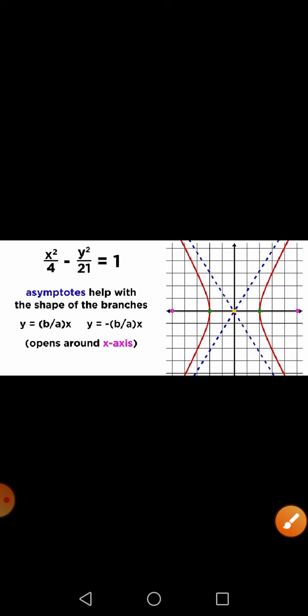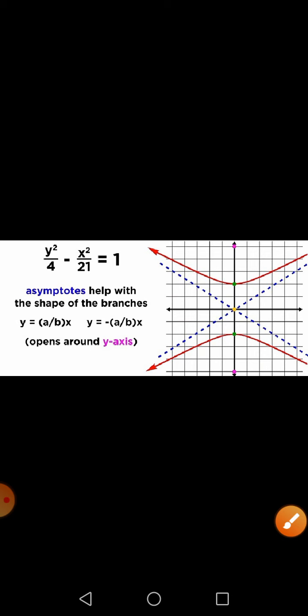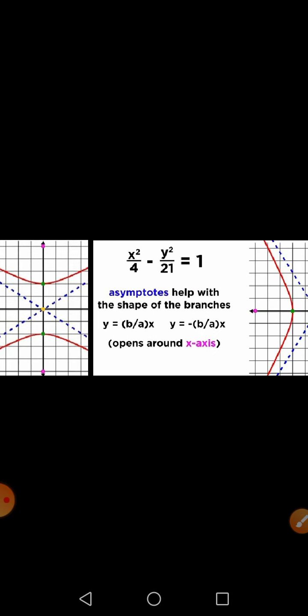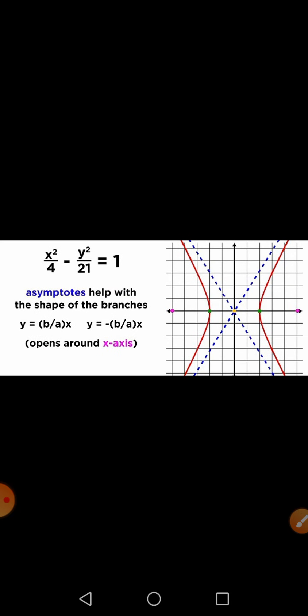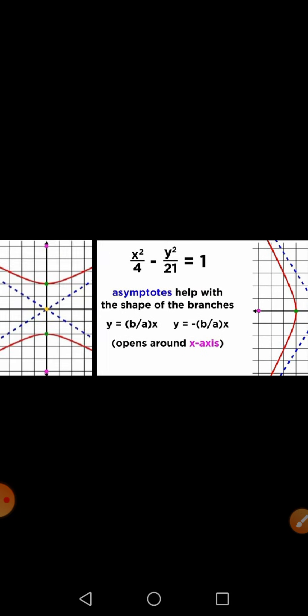Okay, what about if it's around the y-axis? It will be a over b times x or negative a over b times x. As a is the vertices, I will write first the vertices here on the b, but here on the a.